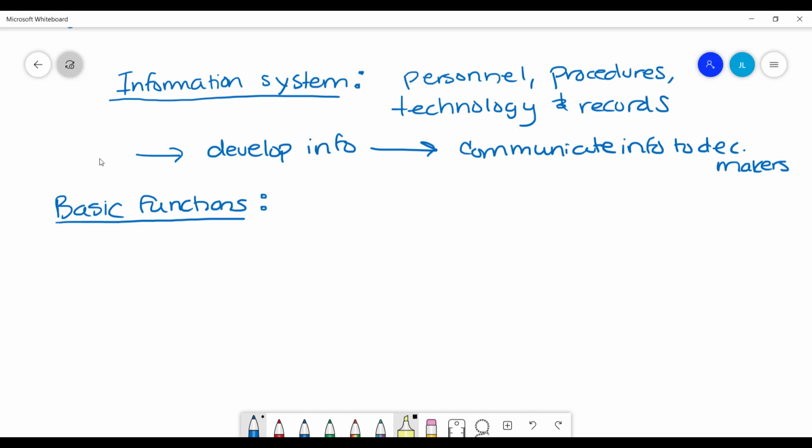Well, the first one is to interpret, okay, and record the effects of business transactions. Okay.